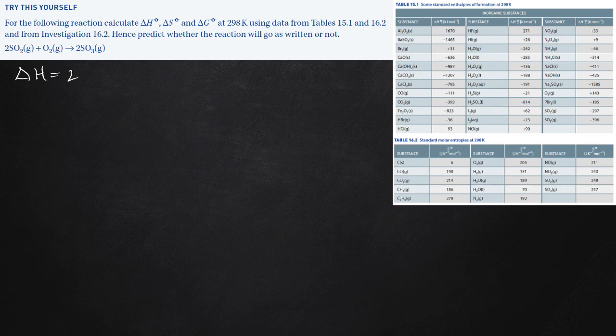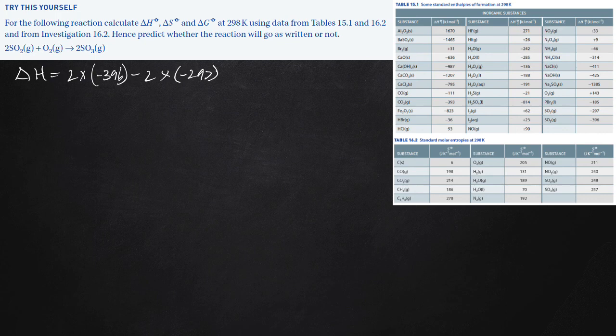So we're going to have 2 times SO3 is negative 396. Minus the enthalpy of our reactants. So we've got 2 moles of negative 297 for our sulfur dioxide. We don't have to worry about oxygen because it's an element, so we don't have to worry about the heat of formation in that case.